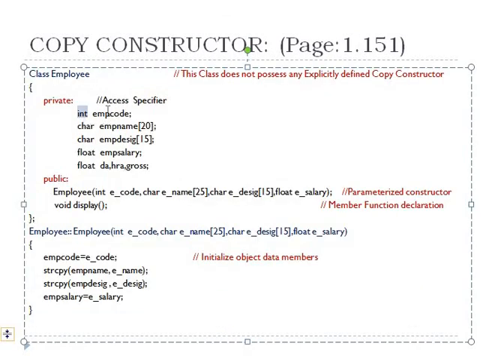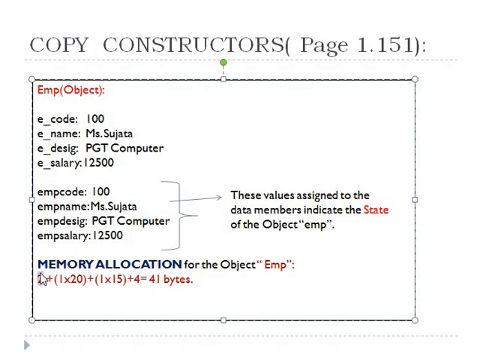Look here, the data type of EMP code was int, so it shall occupy 2 bytes. Plus, when this value gets assigned into the data member EMP name, you have to add 20 bytes. So plus 1 into 20.